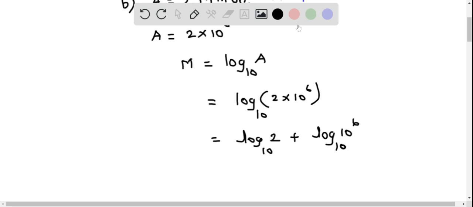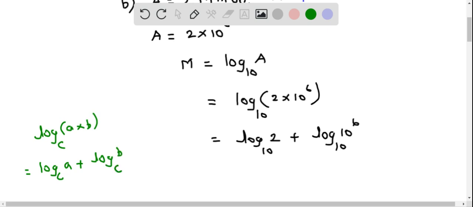And this we write down according to the formula, that is log of a times b to some base c, and this we can rewrite as log a to the base c plus log b to the base c. That is, if you have to find the logarithm of a product, this equals the sum of the logarithms. So that is why we have written this like this.